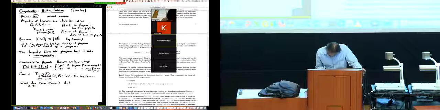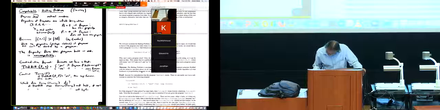So if test halt says Turing will halt, it won't. If test halt says Turing will loop forever, it halts.